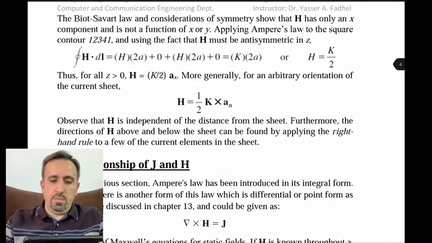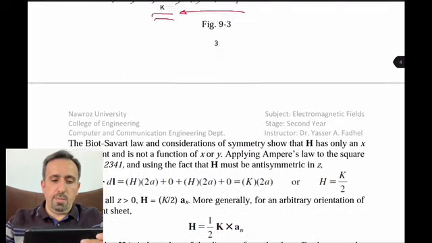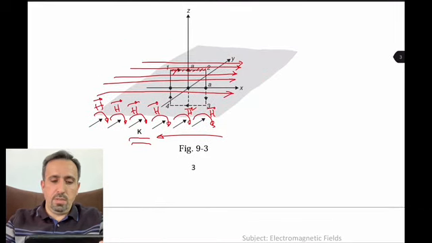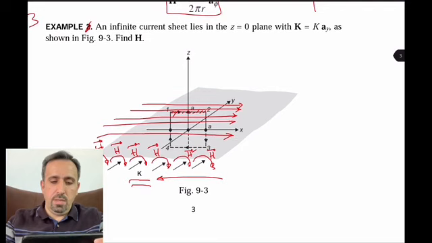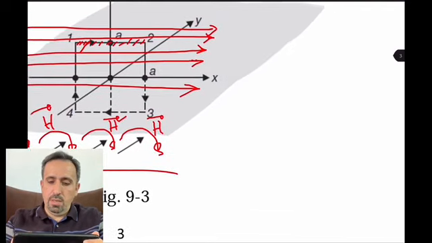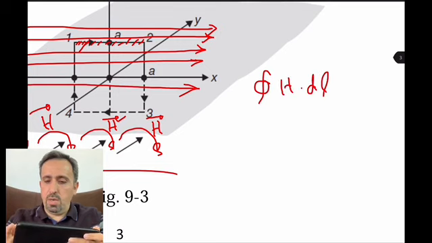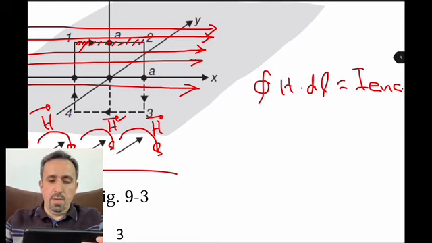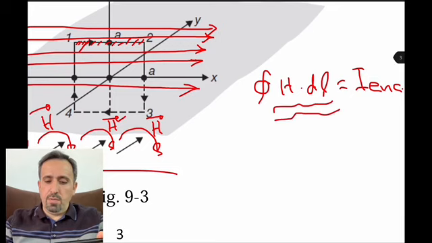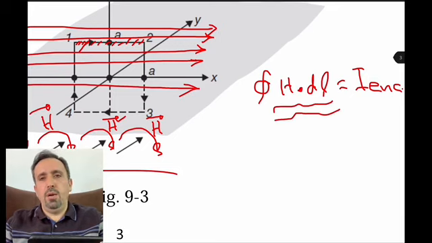So getting back to Ampere's law, we haven't applied it yet. May I type it here? So this is the closed integral of H dot dl equal to I enclosed. Now, if you think about this side of the equation, how many sections do you have?